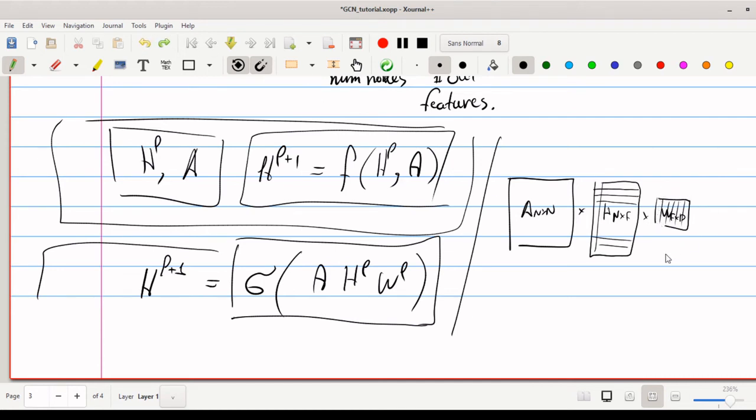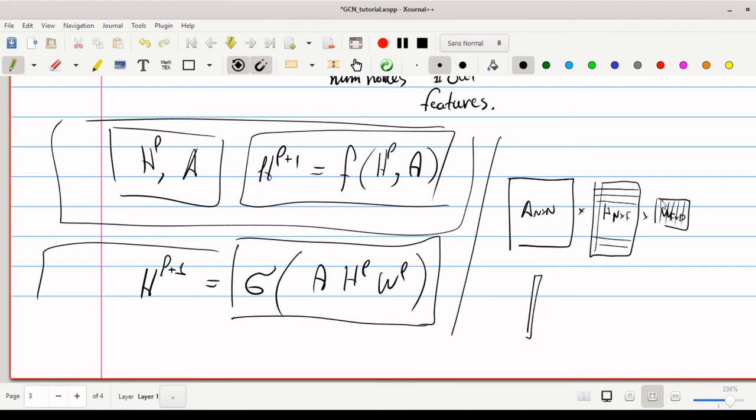If W was just one column vector, we would take the first column of H, multiply every element in it by the first element in this weight vector, then take the second column, multiply it by the second element, etc., and afterwards sum up all those weighted columns to get just one new column.